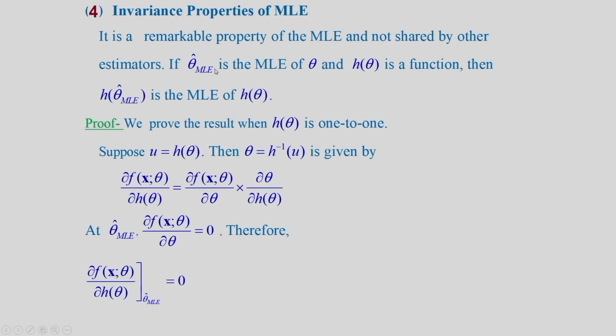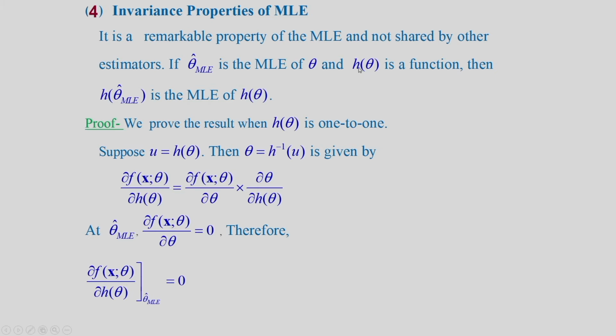So, if theta hat MLE is the MLE of theta and h(theta) is a function, then h of theta hat MLE is the MLE of h(theta). So, here, suppose theta hat MLE is the MLE of theta. Now, h(theta) is another function, and for this the maximum likelihood estimator will be h of theta hat MLE.